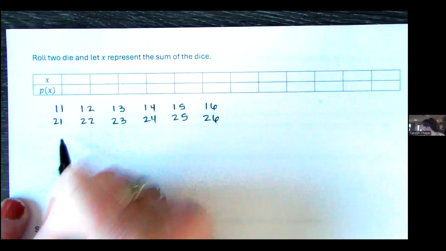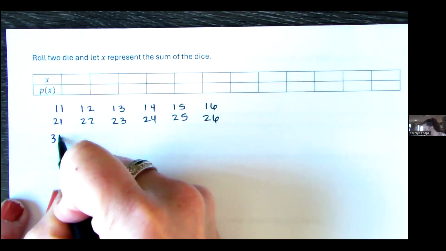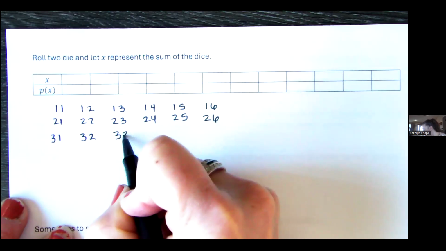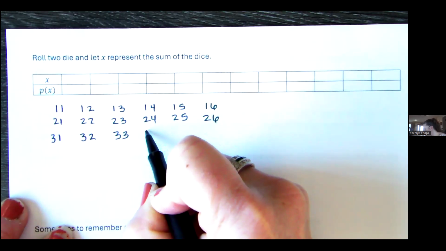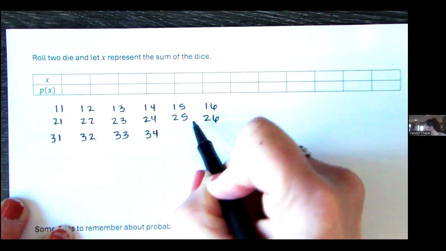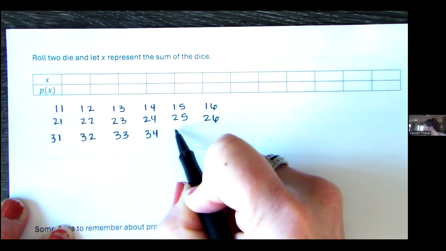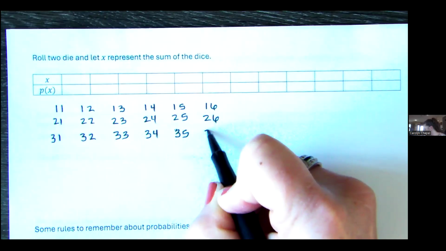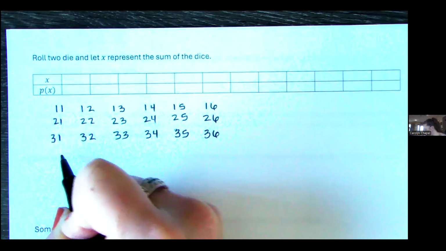Some people think that the 1 and the 2 and the 2 and the 1 are the same thing, but they're not, because you have two different dice. So it's like getting the 1 on one and 2 on the other versus the other way around. So just be aware that you can get them in different orders.